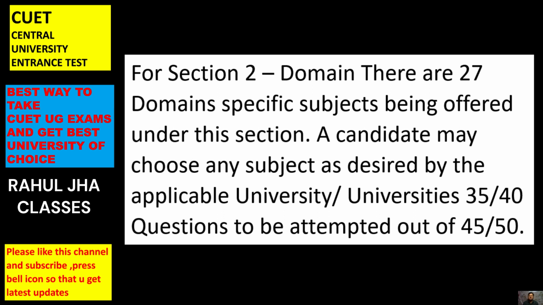There are 27 domain specific subjects being offered under this section. A candidate may choose any subject as desired by the applicable university, and 35 to 50 questions are to be done out of the 45 to 50 questions that will be there.